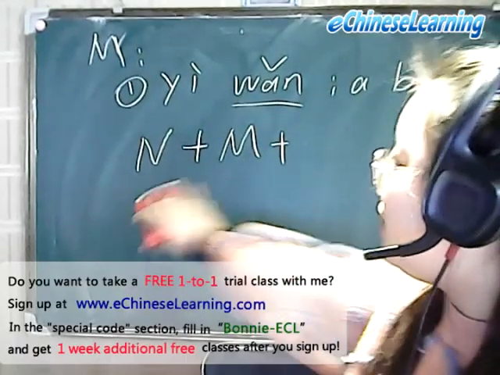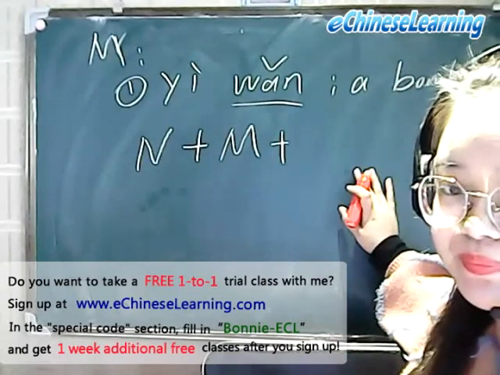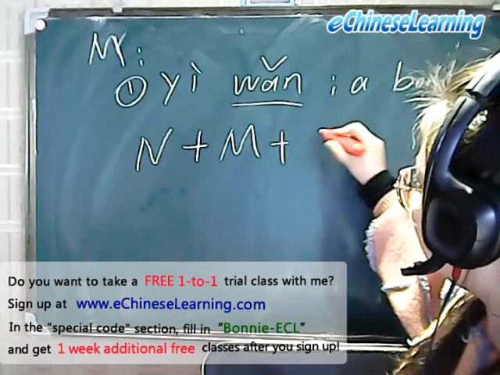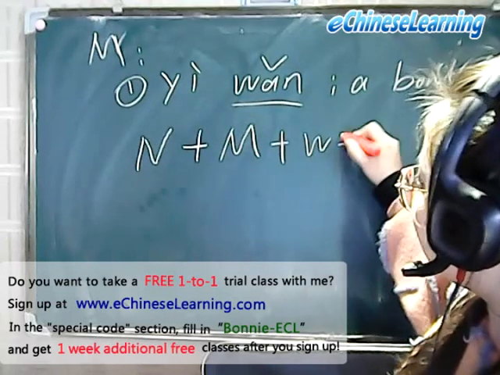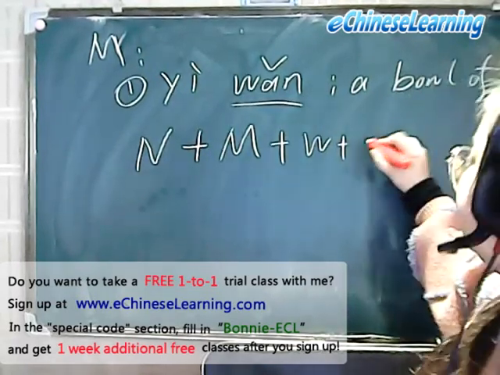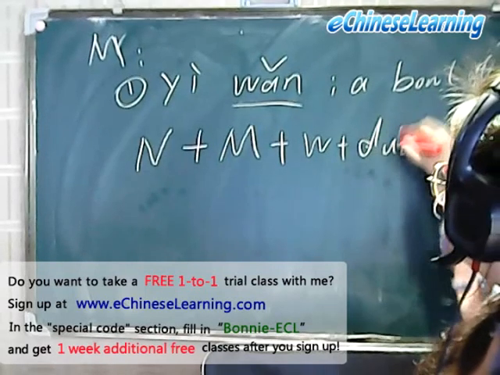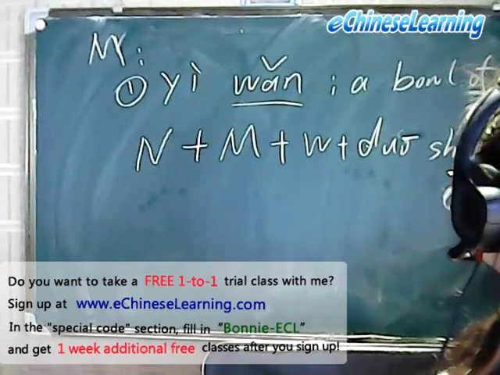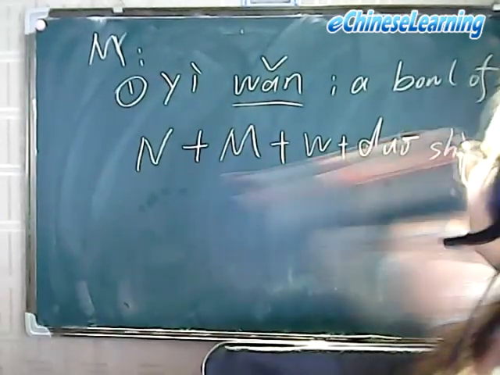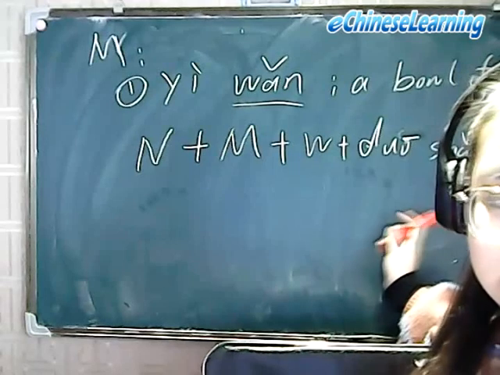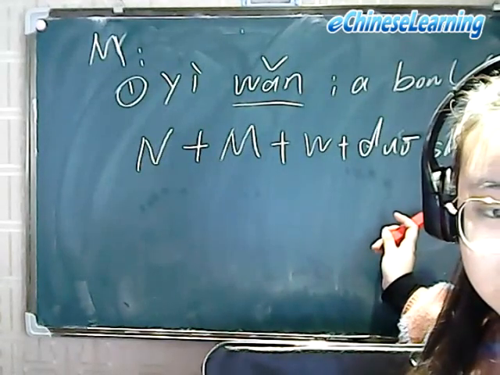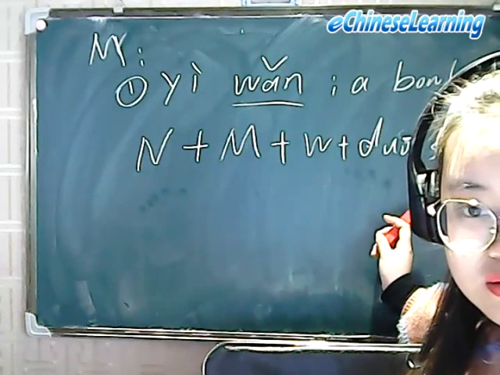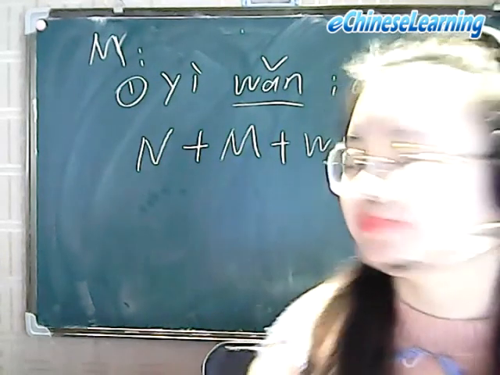So it's 3碗米饭. Is the word here, and then we add 多少钱. So 3碗米饭多少钱? Yes, very good. That's correct.